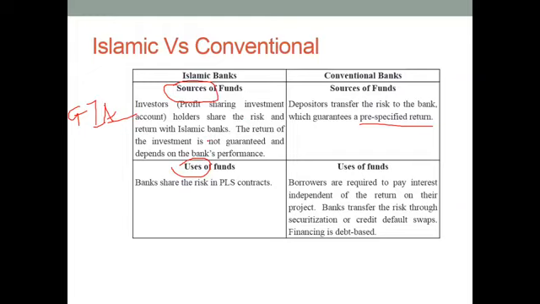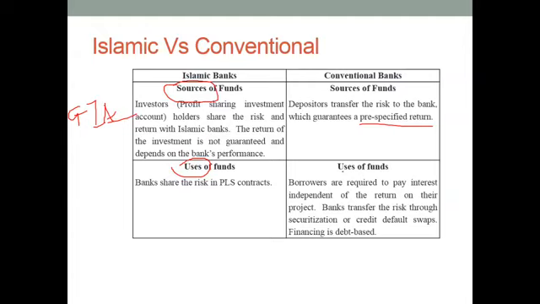For example, with al-wadiah, they will give hibah, a gift, but they will not promise you what percentage they will give you. Hibah is to give, right?